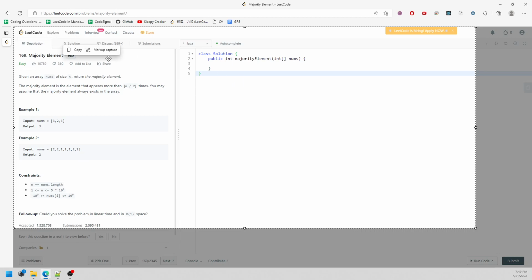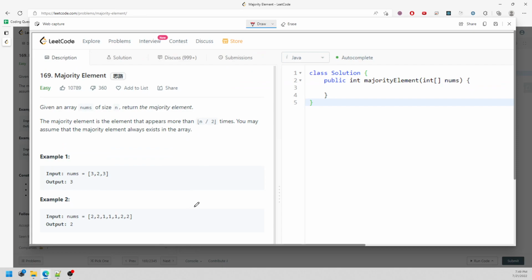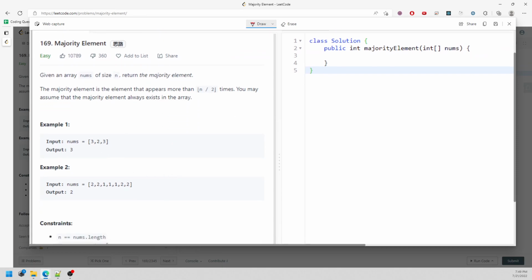The last solution is going to be divide and conquer. Divide and conquer is a good idea. You don't have to sort it, but you have to keep splitting, and once you split the entire array, then you can find the most frequent number.